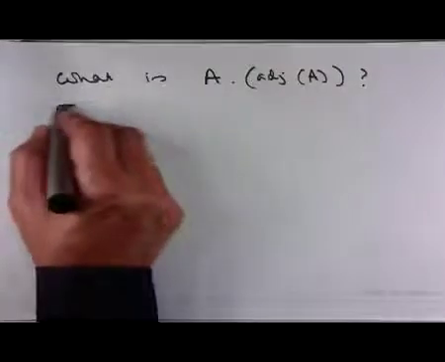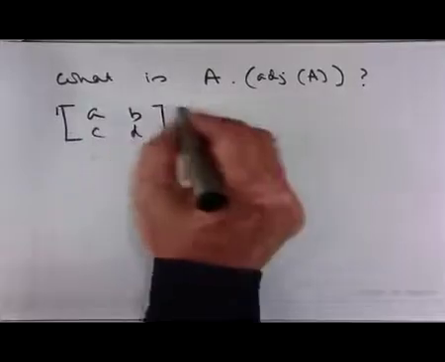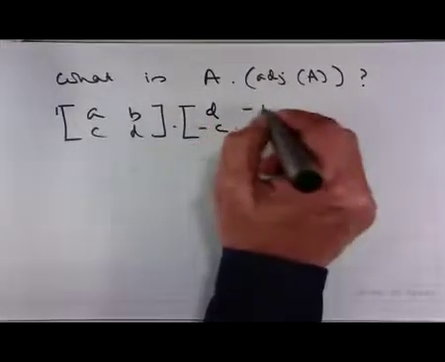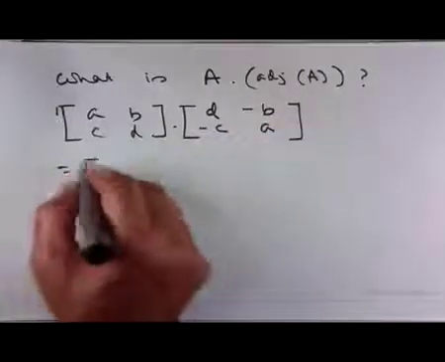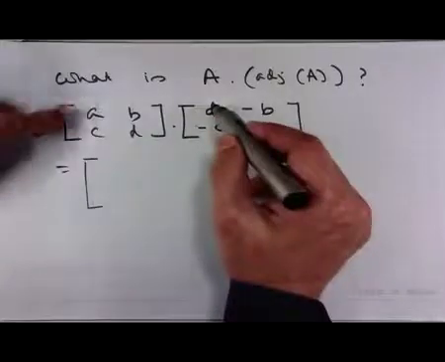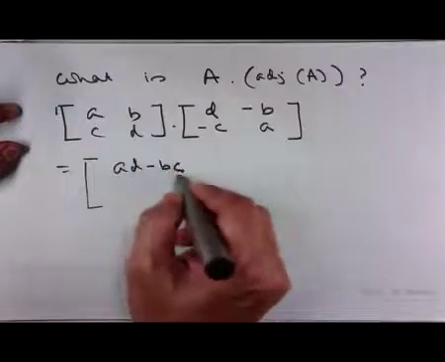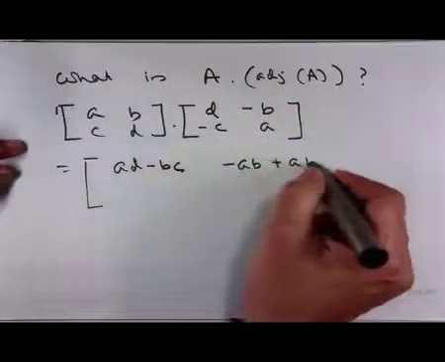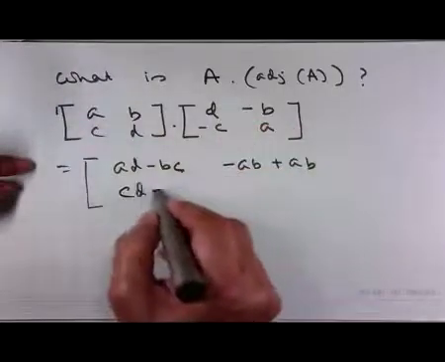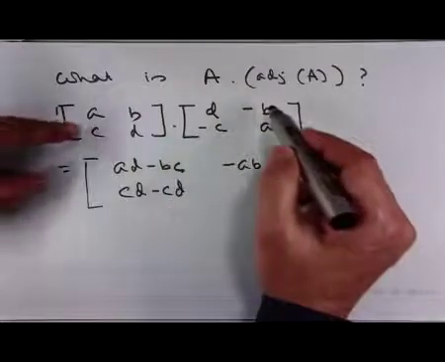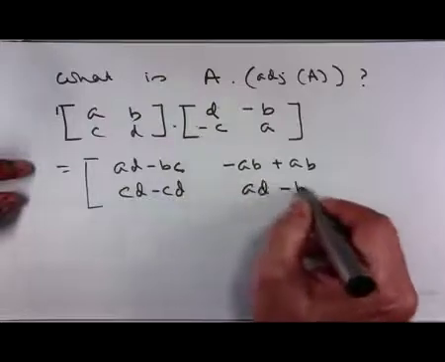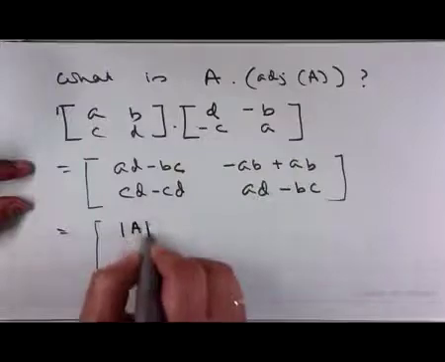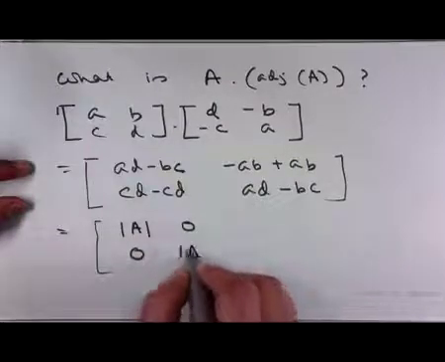We have A is equal to a, b, c, d, and adjoint of A is equal to d, minus b, minus c, a, and if we multiply this, we get a 2 cross 2 matrix which is ad minus bc, minus ab plus ab, plus cd minus cd, and minus cb plus ad, which is equal to determinant of A, 0, 0, determinant of A.